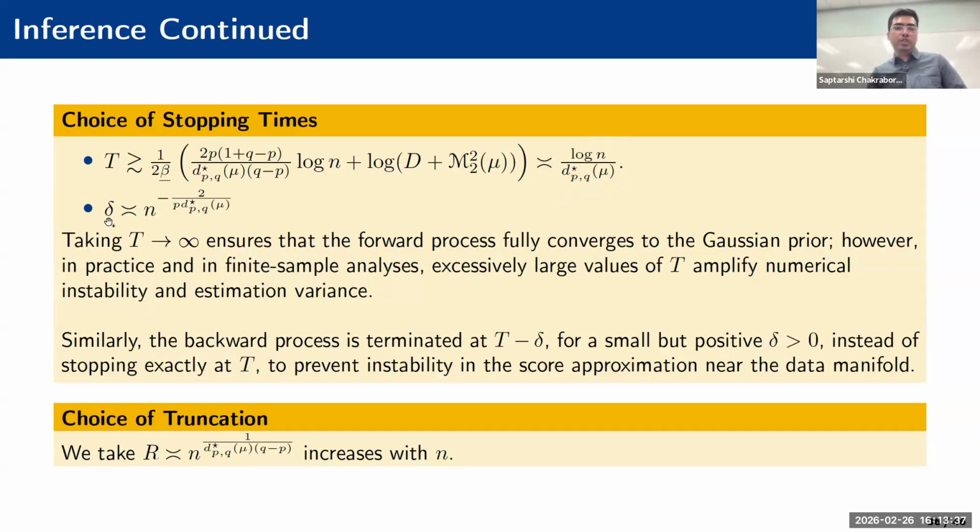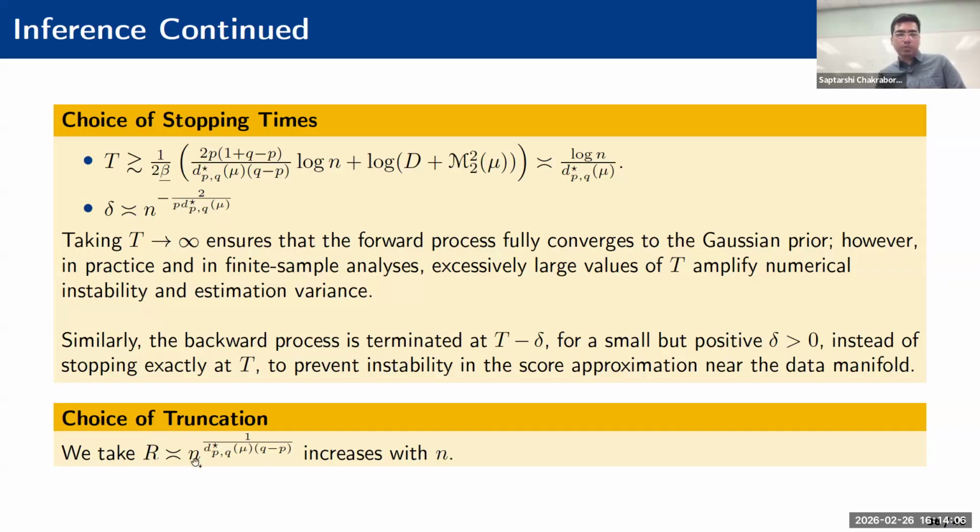And it's also sufficient to choose delta to be scaling with n power minus 2 over this constant, so it decays polynomially with n. So if you have more and more samples, then you can truncate closer and closer to capital T. And that's characterized by delta scaling polynomially with the number of samples.